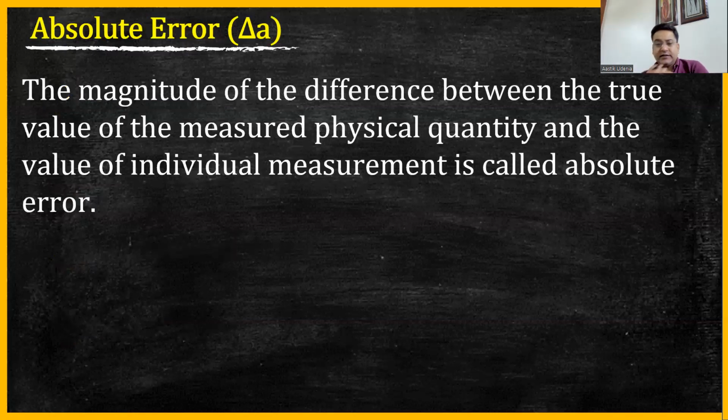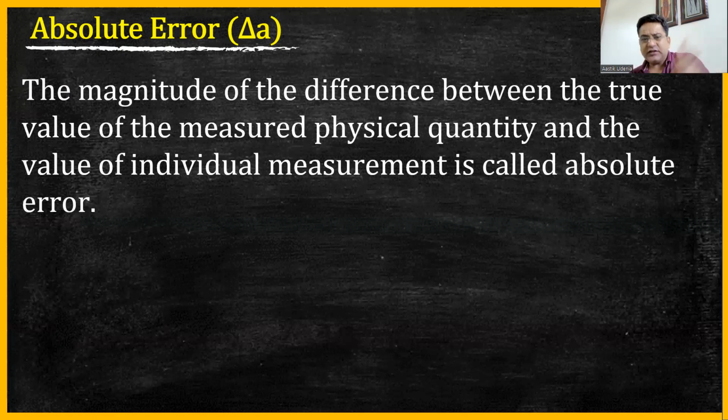If we move ahead, let us now talk about how do we measure these errors. So the first thing here that you must understand is known as the absolute error. What is absolute error? The absolute error is the difference between the true value and the measured value. So when we talked about error, we said error is the difference between the measured and the true value.